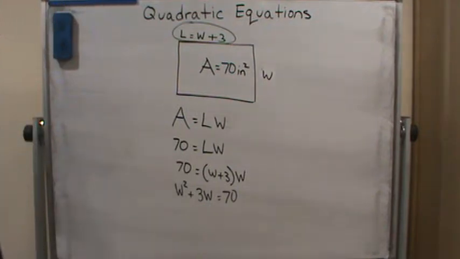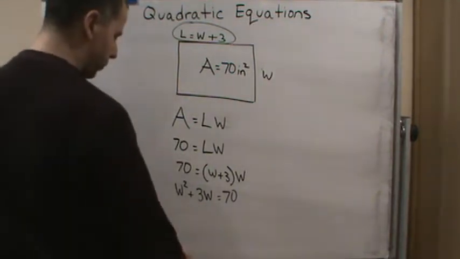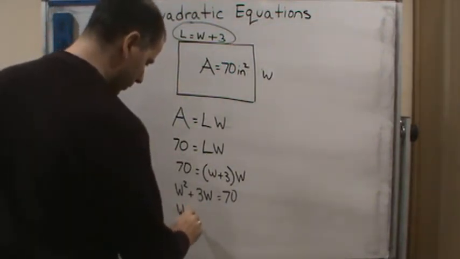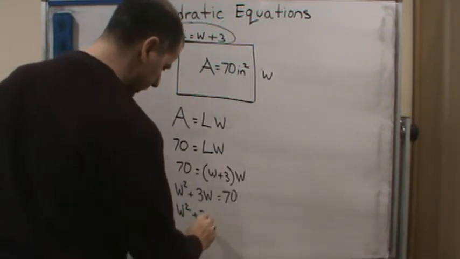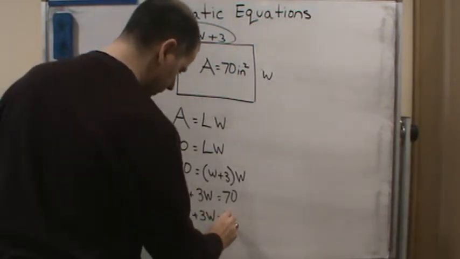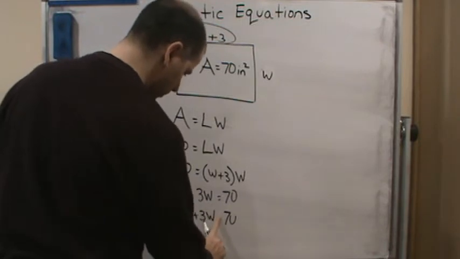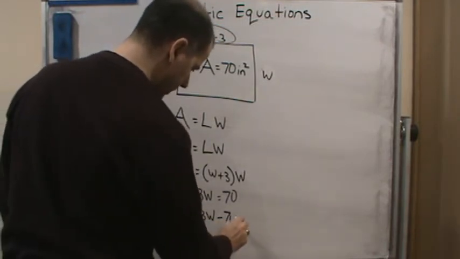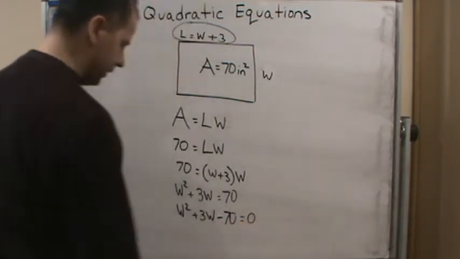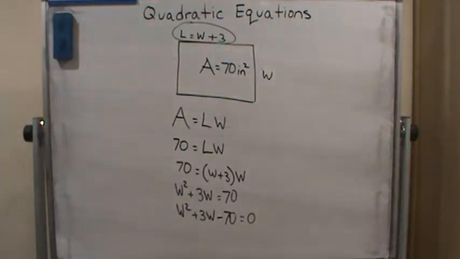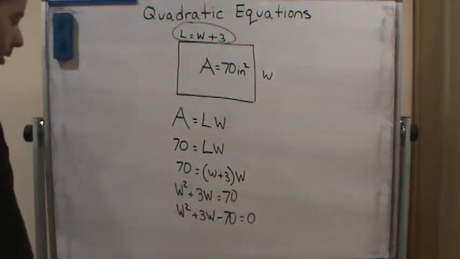And now we've got a quadratic equation. So now I'm going to put it in standard form. So W squared plus 3W minus 70 equals 0. And now, guess what?